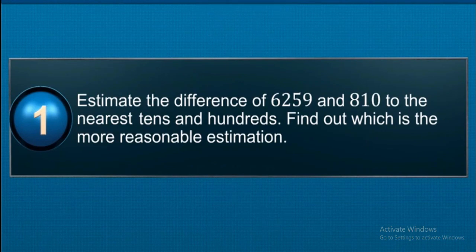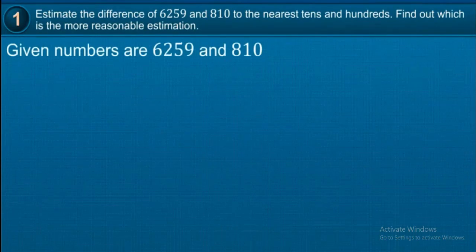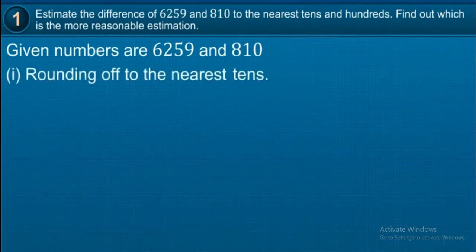Estimate the difference between 6,259 and 810 to the nearest tens, and then to the nearest hundreds, to find out which is the more reasonable estimate of the two. The given numbers are 6,259 and 810. We need to round off the numbers to the nearest tens before calculating their difference.